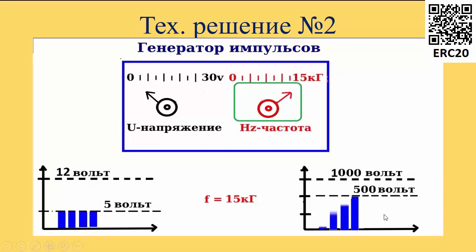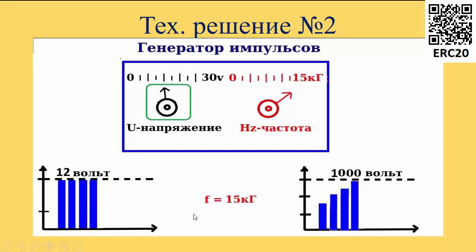Now what we have to do is increase the voltage. So from 5 volts, we smoothly start to increase the voltage, and we found that at 12 volts the fuel cell begins to enter the operating mode.